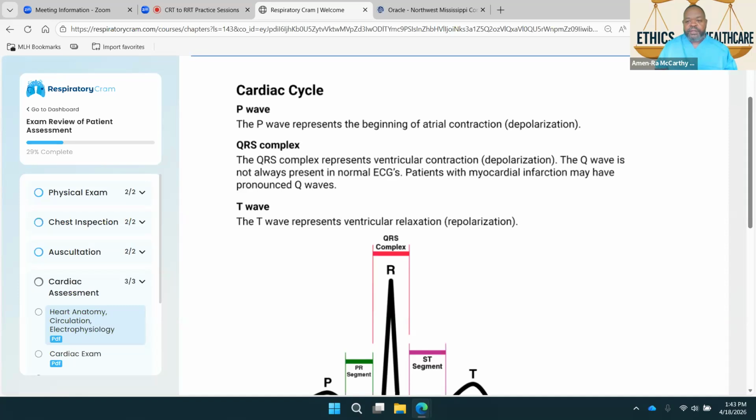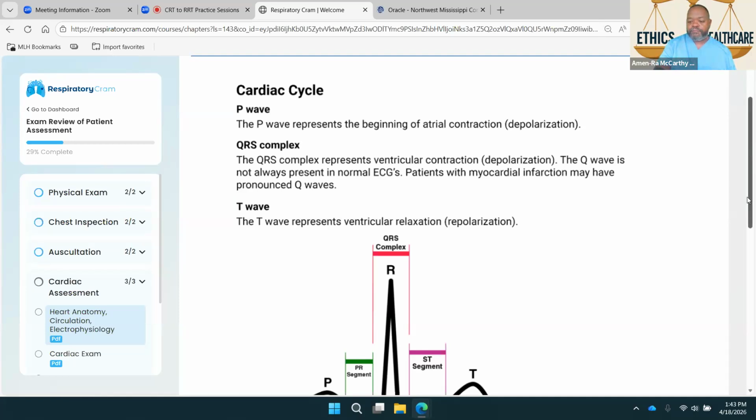All those the same. The Q wave is not always present in normal EKGs. Patients with myocardial infarction may have pronounced Q waves, okay? And then finally, the T wave represents ventricular relaxation, aka what? Repolarization, aka diastole, aka relax, okay?